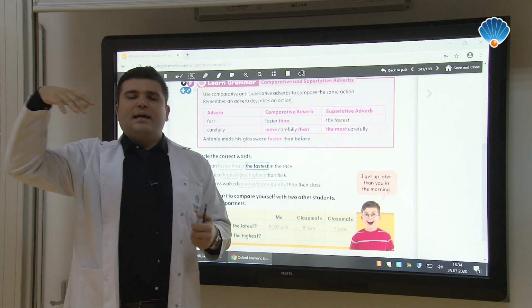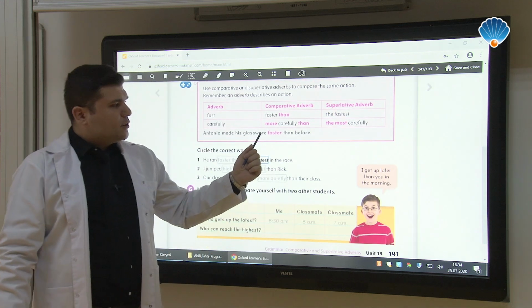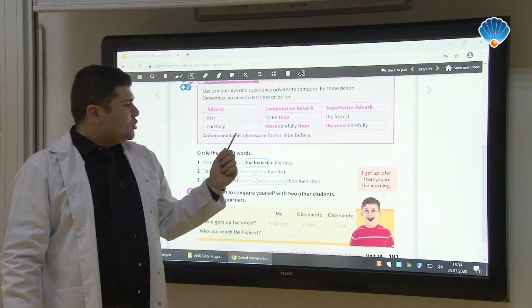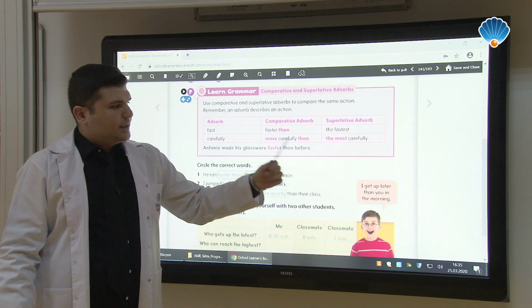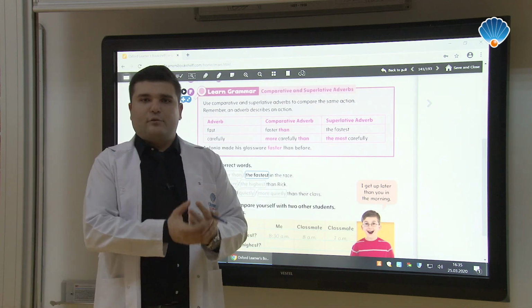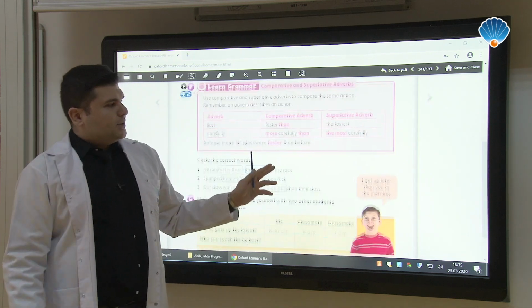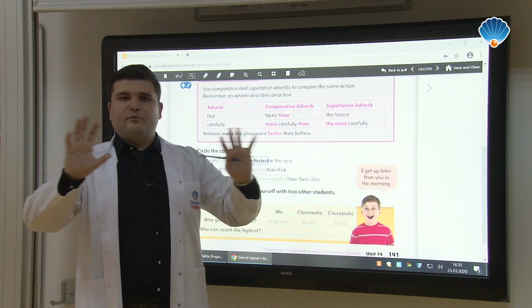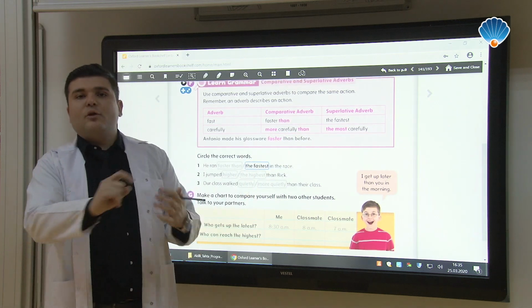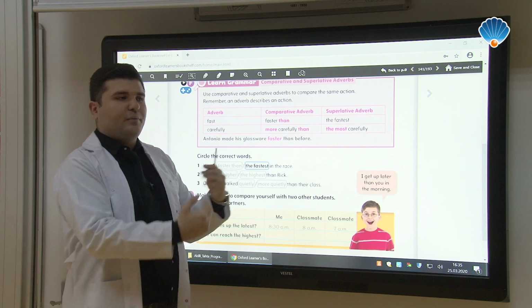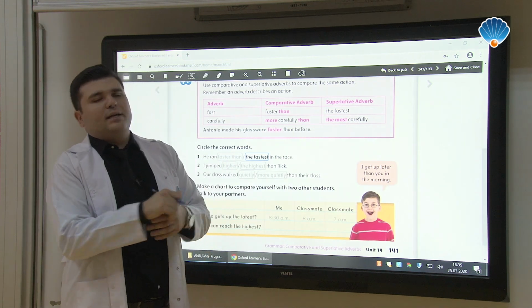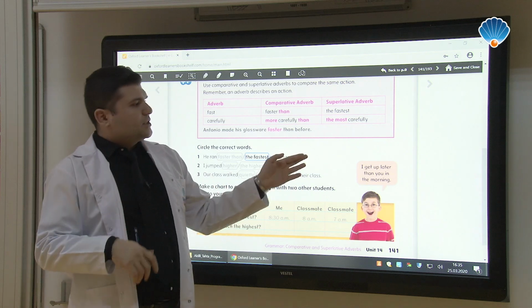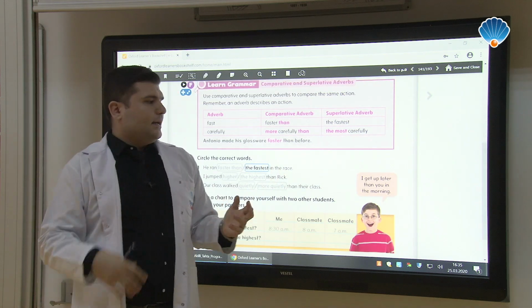It's almost 3 syllables, something like that. So that's why you have to use more, okay? So more carefully than, and for the superlative adverb, we use the most carefully. For this reason, comparative and superlative are different from each other. For the comparative one, you have at least 2 things because you have to compare and contrast. And for the superlative one, you don't have 2 things or something like that. You can say one sentence itself.